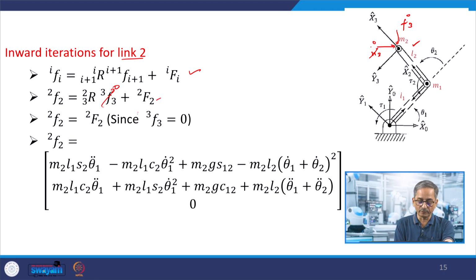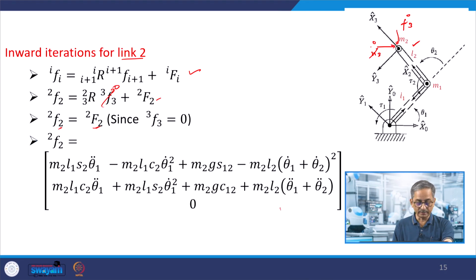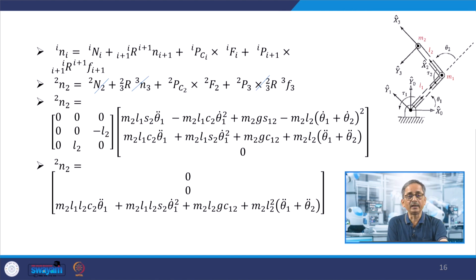So, my f2 is going to be the same here, which we have calculated, and I can pick up this value directly from the previous slide where we have calculated this one. So, this is what I get. Then the moment, this is the moment equation actually. So, here the moment acting at the ith link basically.